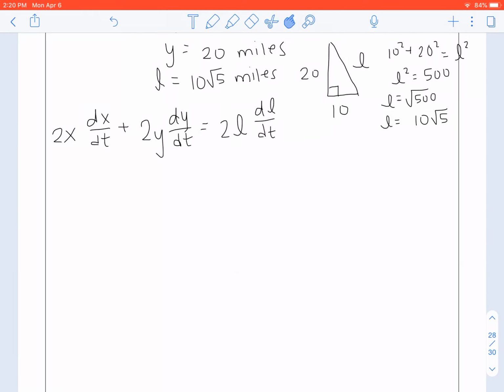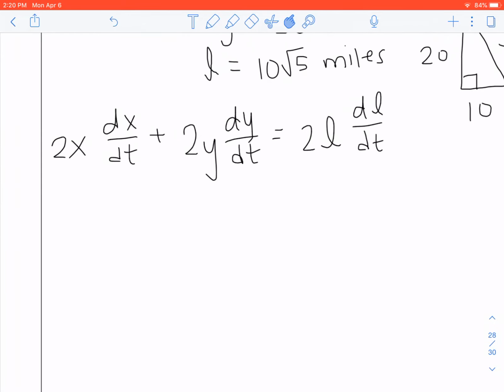So from here, we have a bunch of variables we can plug in. First thing though, I'm going to divide everything by 2, and those 2's cancel out.